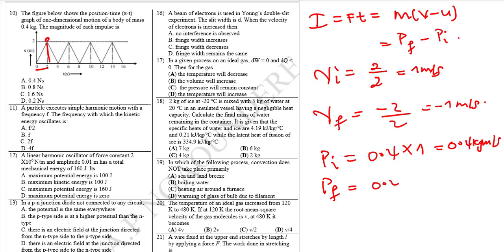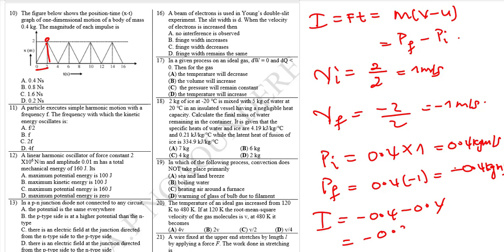Still going to be 0.4 times negative 1, which is negative 0.4 kilogram meters per second. Now what's J or I? Impulse is equal to pf minus pi. So that will be negative 0.4 minus 0.4, which is equal to negative 0.8 newton seconds. But we are looking for the magnitude, so the magnitude of negative 0.8 will be 0.8 newton seconds. Correct option B. Number 11.